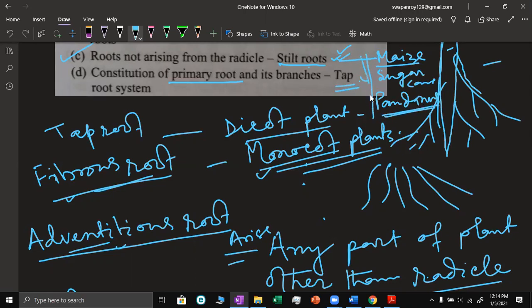They provide additional mechanical support to the plant.